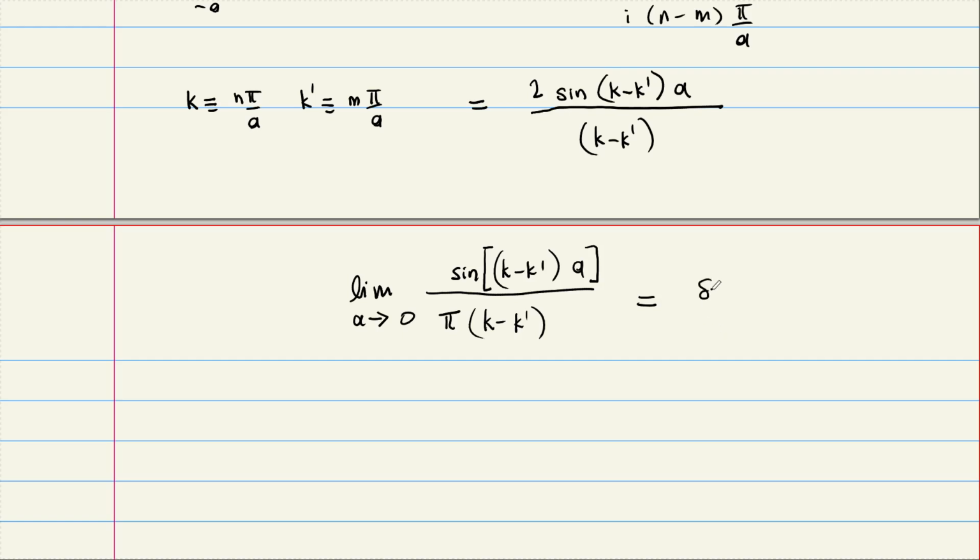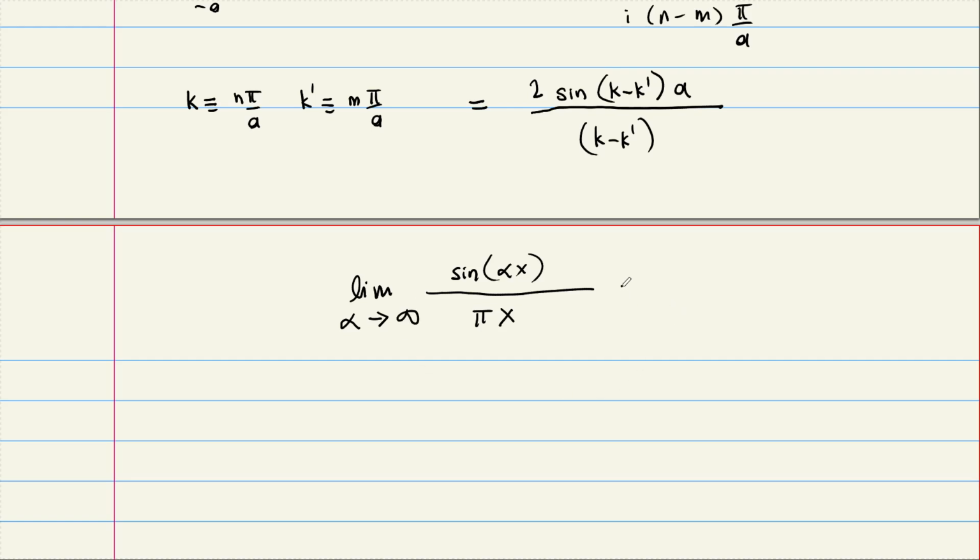There's an easier way to see this. Let me write it like this: sine of alpha x divided by pi x, in the limit alpha goes to infinity.